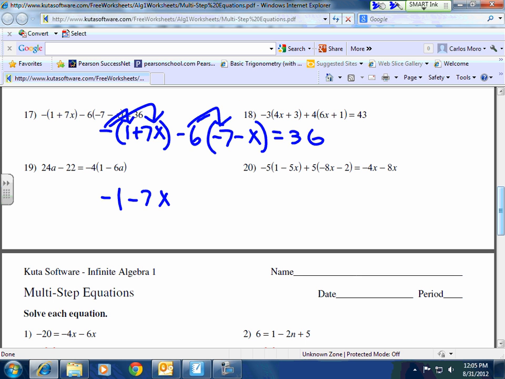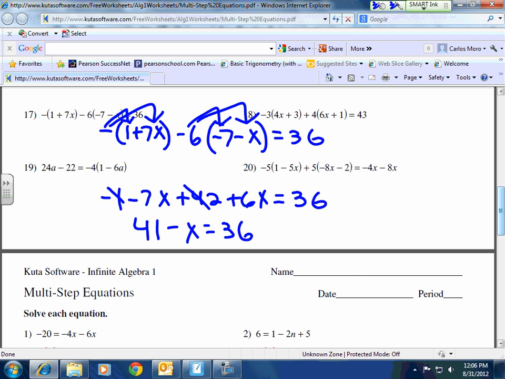Distribute that negative 6 to everything inside the parentheses. So that's plus 42 plus 6x equals 36. Combine like terms on both sides. Well, negative 1 and 42 combine to become 41. And negative 7x plus 6x is going to be negative x, equals 36.